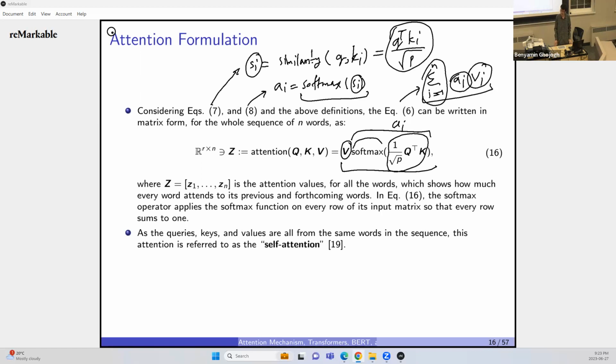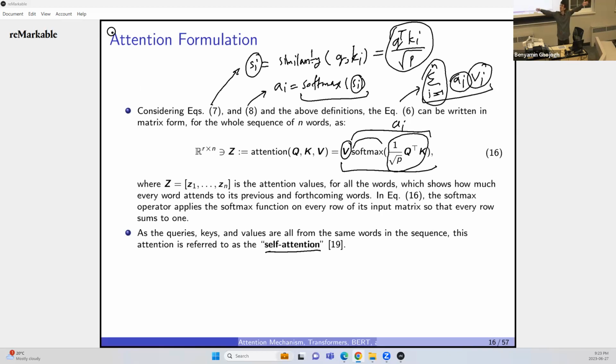Now consider that I calculate this between the words of the same sequence. I have one sentence, I am a student. I calculate the attention of every word in this sentence with every other word. This is called self-attention, because I'm calculating the attention of my words with myself.